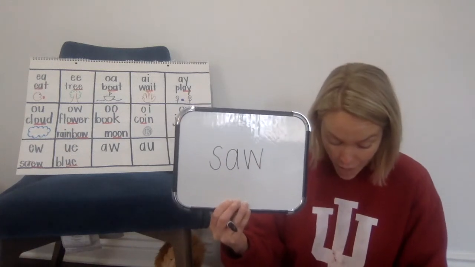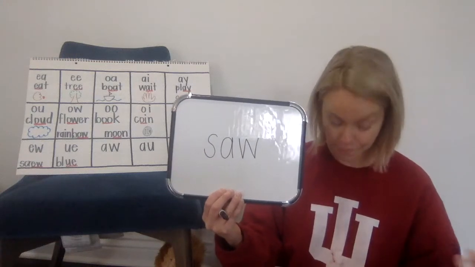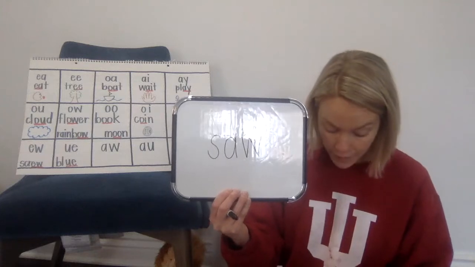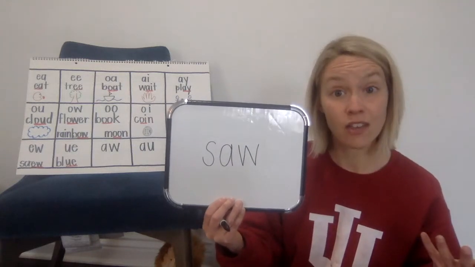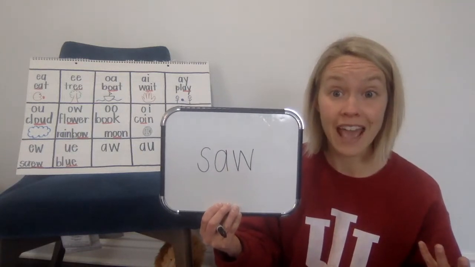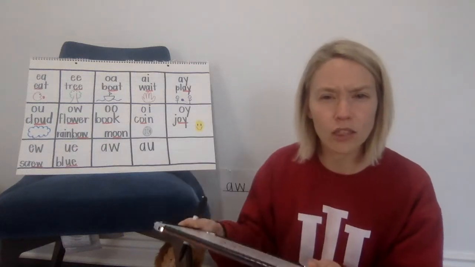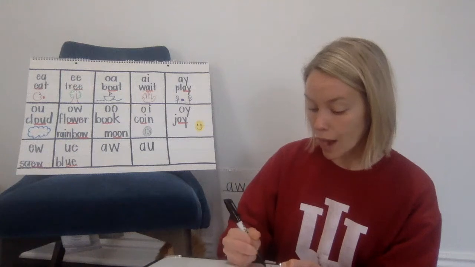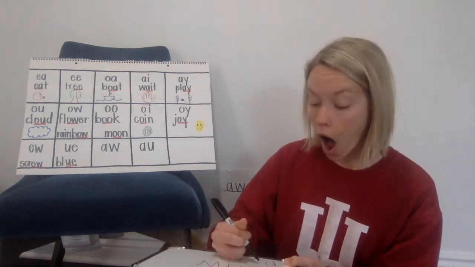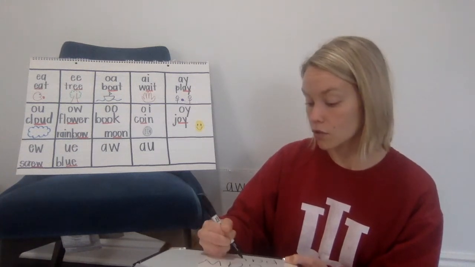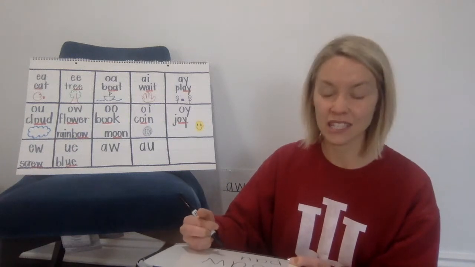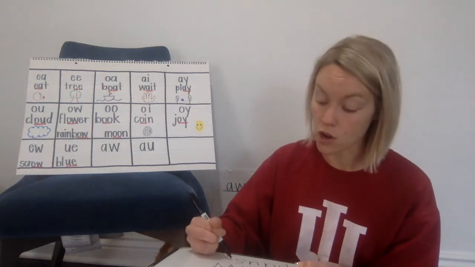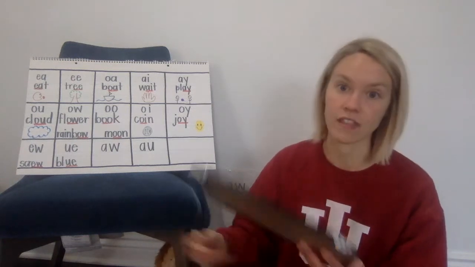Okay, so some words make the sound "aw" with AU, like in saw, but there's other words that use the letters AU. Like if I wanted to write the word pause, I would write p, "aw", with an AU, and then I know s is an S at the end, and because I've seen this word in books before, I know that there's a silent E at the end.